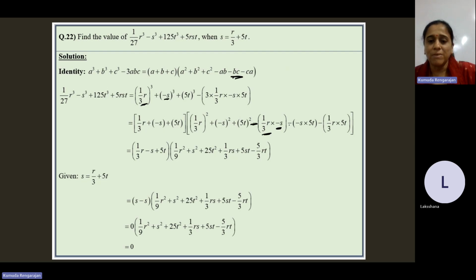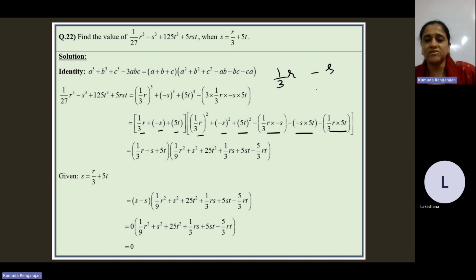Minus BC, what is B? Minus S, and C is 5T. Minus CA, so minus C, which is 5T, into A, 1 by 3R. So we get A plus B plus C into A squared plus B squared plus C squared minus AB minus BC minus CA, where A is this one, B is this, and C is this.